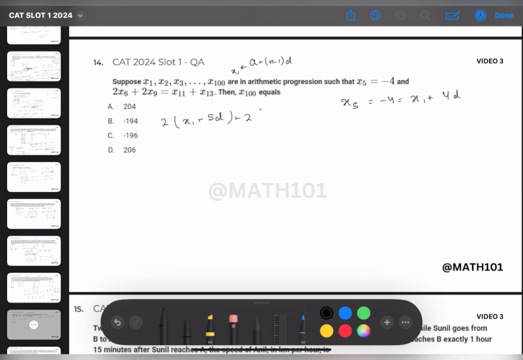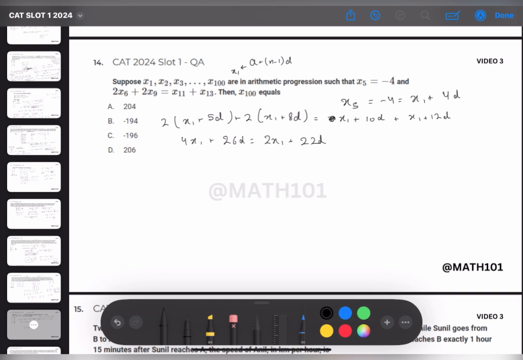Plus 2 times x9 is x1 plus 8d, equals x11 which is x1 plus 10d, plus x13 which is x1 plus 12d. So we have 2x1 plus 2x1 is 4x1 plus 10d plus 16d is 26d. So x1 plus x1 is 2x1 plus 10d plus 12d is 22d.